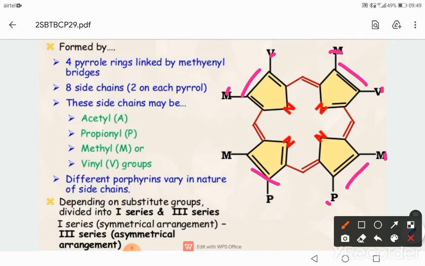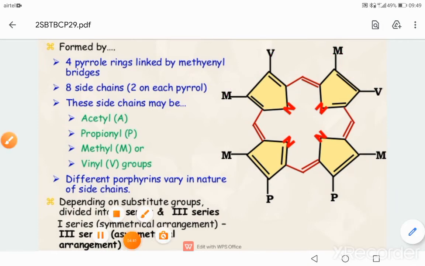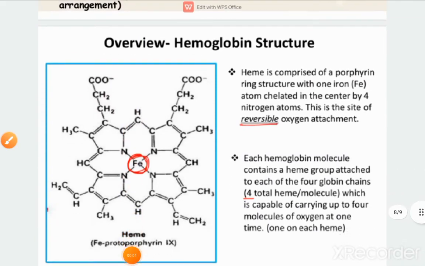Different porphyrins vary in nature of side chains depending on substituent groups, divided into 1 series and 3 series. 1 series is a symmetrical arrangement, 3 series an asymmetrical arrangement.